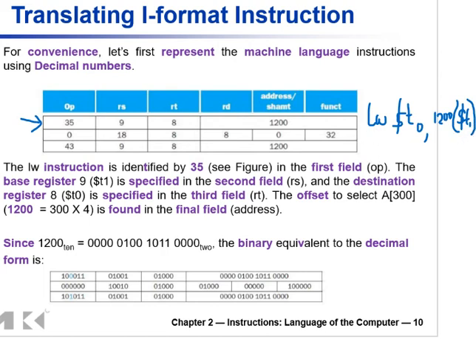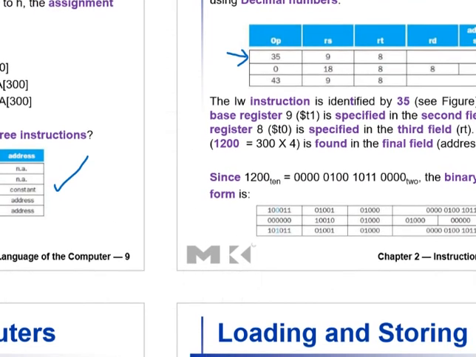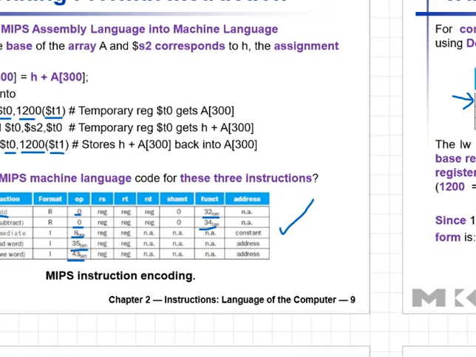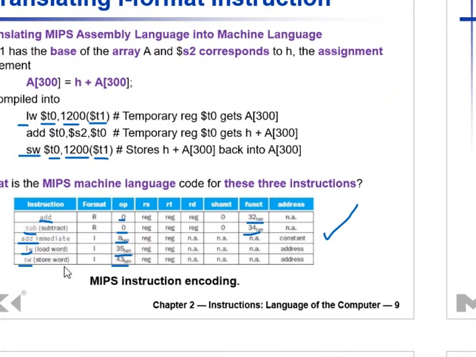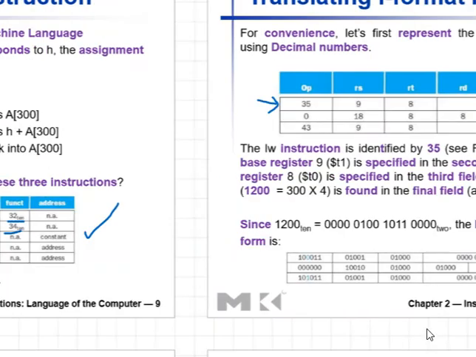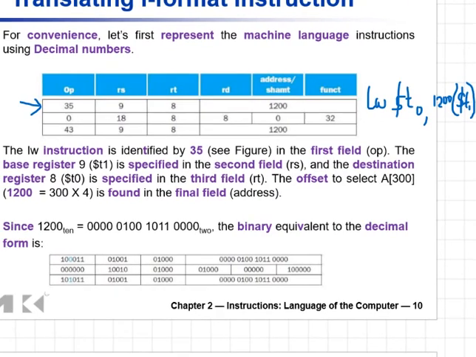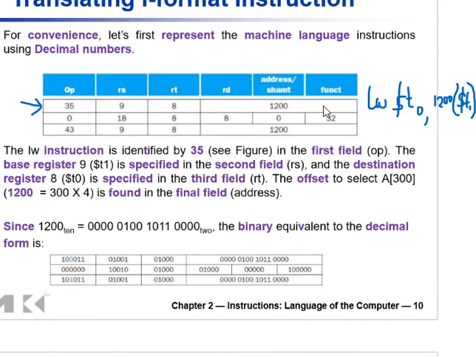Just in the previous slide I told you for load word the opcode is 35, if I'm not mistaken. Let's go back and see the opcode. Opcode for load word is 35. For store word is 43. Remember the opcode.